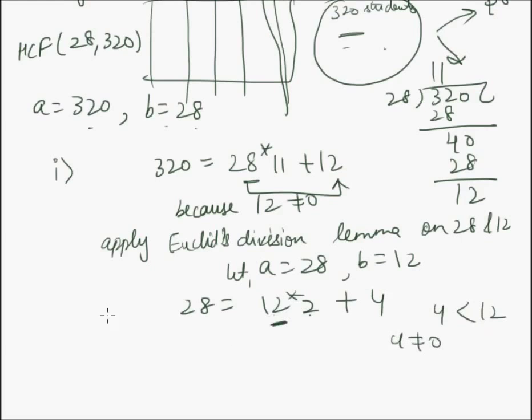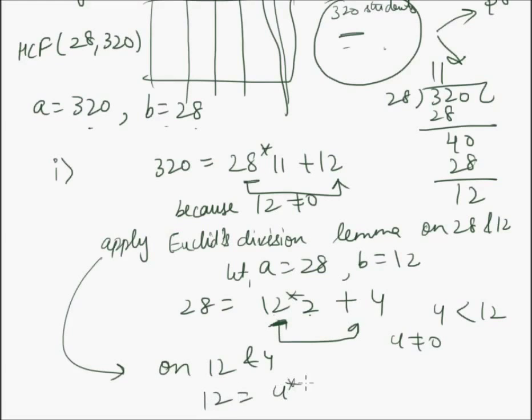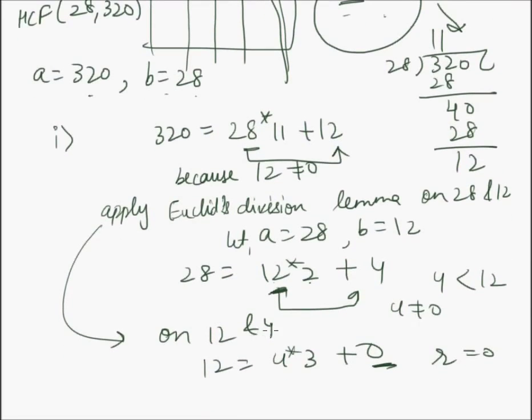So again applying Euclid's division lemma on 12 and 4, we will get 12 equals 4 into 3 plus 0. Since R is 0, that is this remainder is 0, the divisor in this case, which was 4, is the HCF of the given numbers. So the HCF is 4.